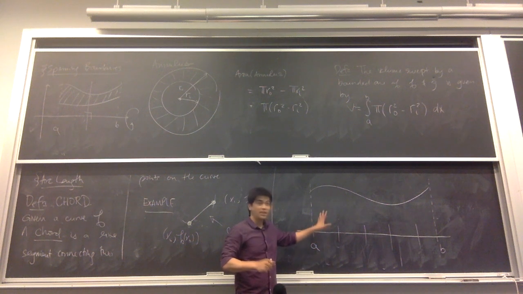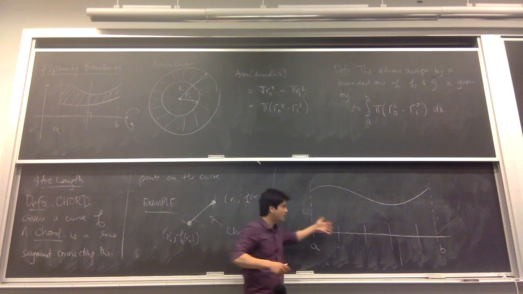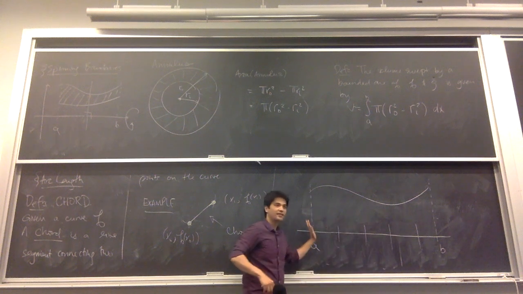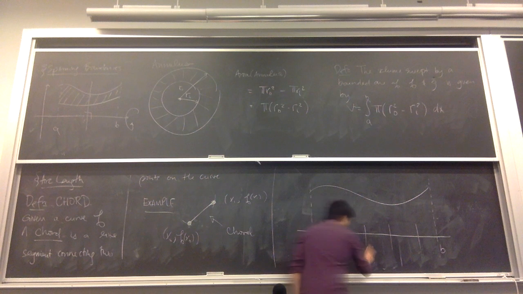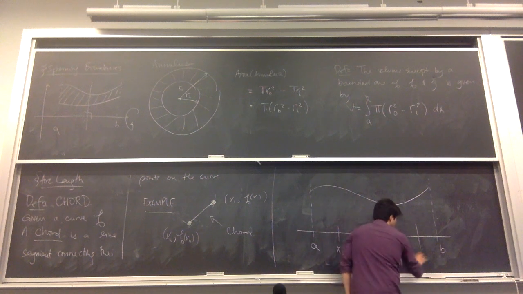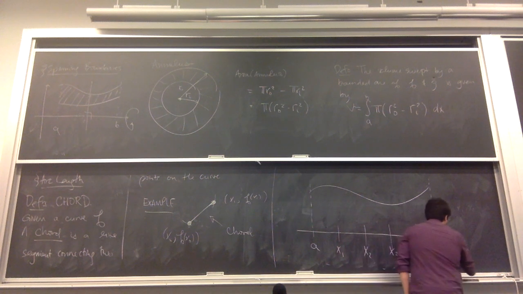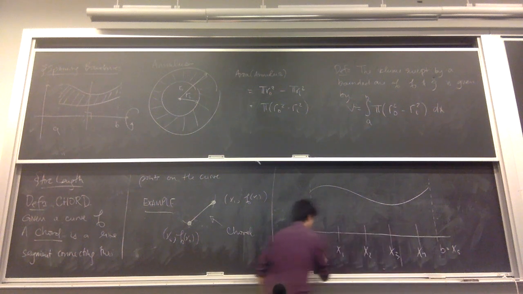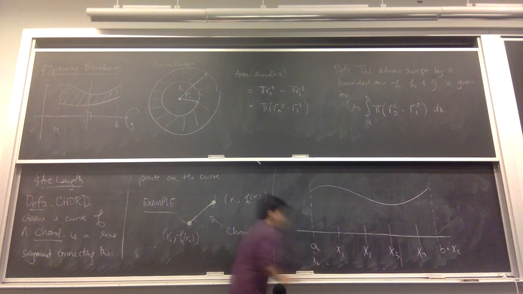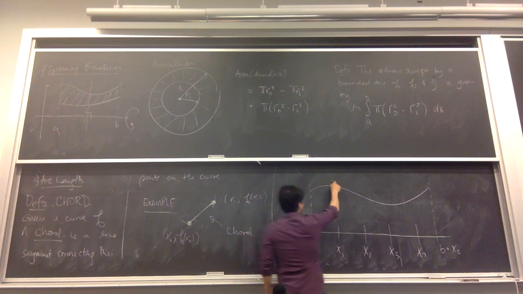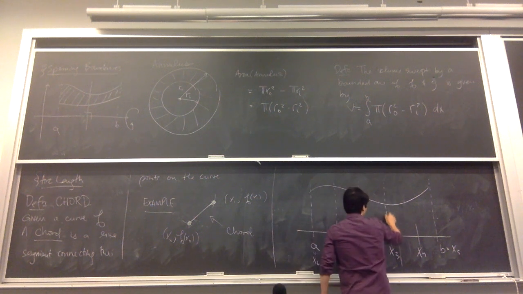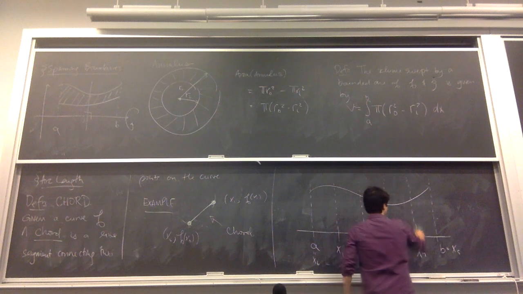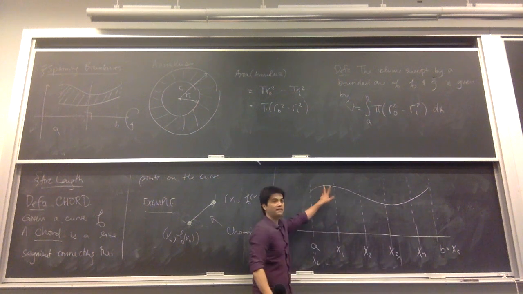But anyways, this constitutes a partition along A to B. So let's number these points: x1, x2, x3, x4. Let's call B x5. Let's call A x6. Okay, so over each partition, we're going to need an estimate for the length of this curve.